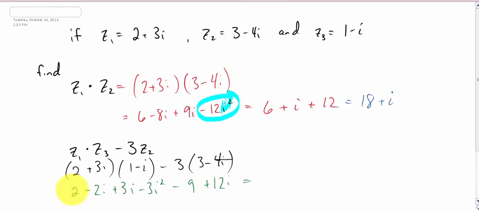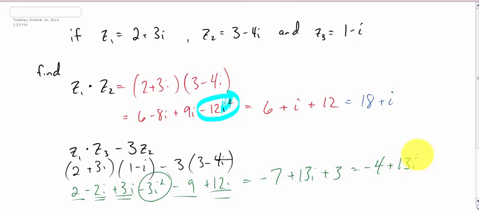Now we start cleaning. Combine like terms. 2 minus 9 is -7. And we have these i terms. So we have plus 13i. And then what happens with the minus 3i squared? You better be saying you add 3. So my final complex number for this expression is going to be -4 plus 13i.